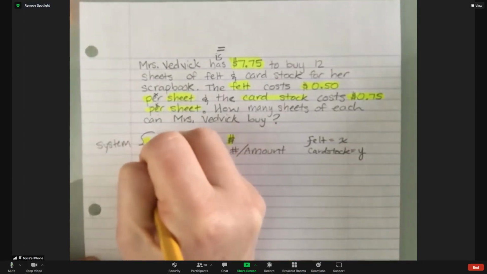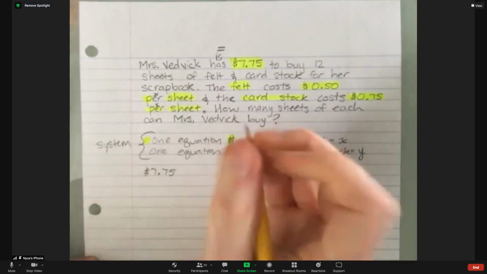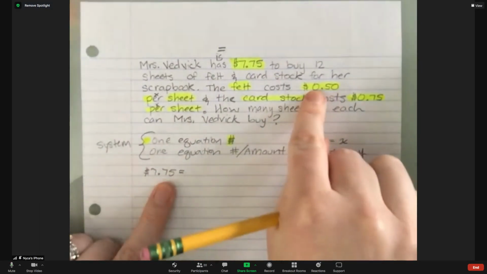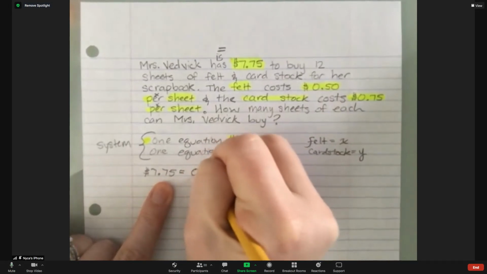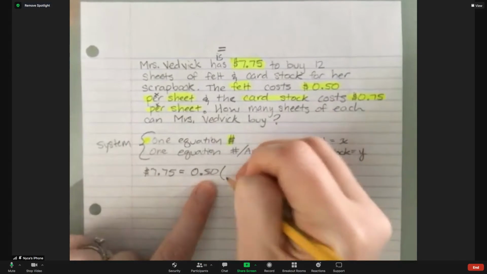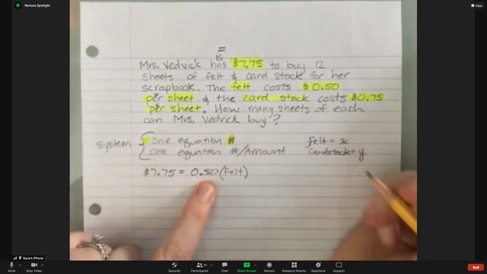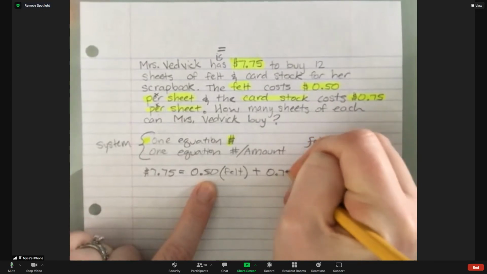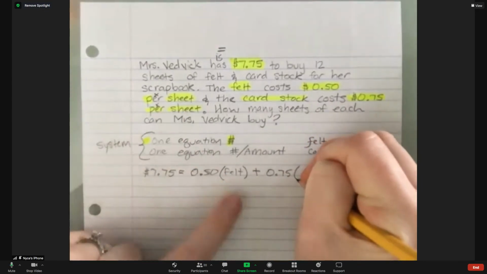$7.75 is what I have to purchase felt that is 50 cents times whatever your felt is, plus 75 cents for each cardstock.